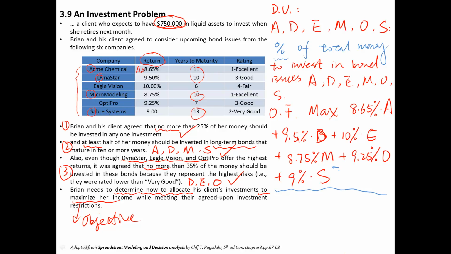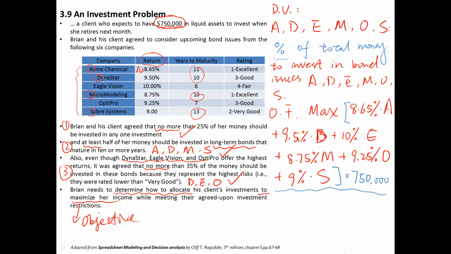So let's multiply by 750,000 here. Then with this number multiplied, the objective function value is a meaningful number, which is still the amount of money being returned from all the investments.